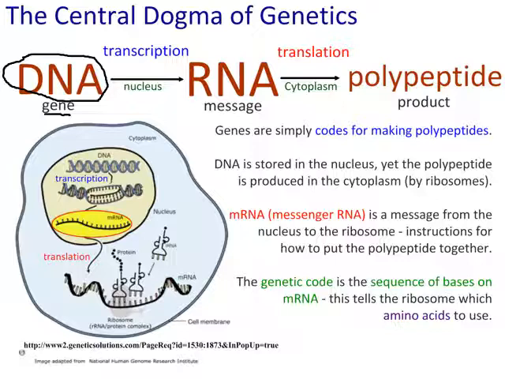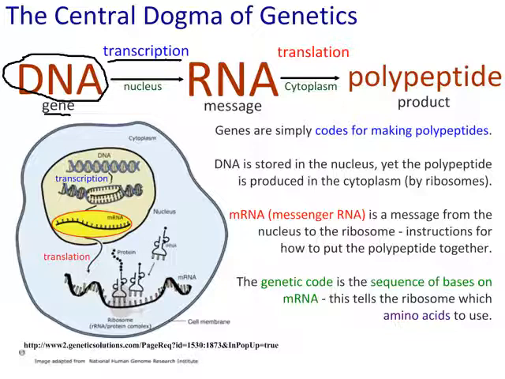So we start with the instructions on our DNA. A process called transcription takes place, which forms a length of messenger RNA that contains a copy of those instructions. The messenger RNA leaves the nucleus and goes to a ribosome.